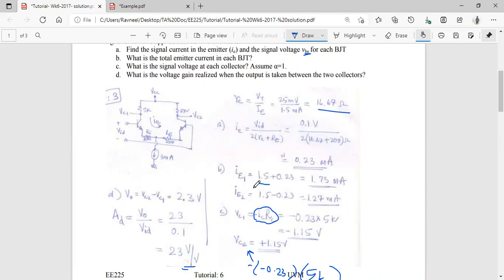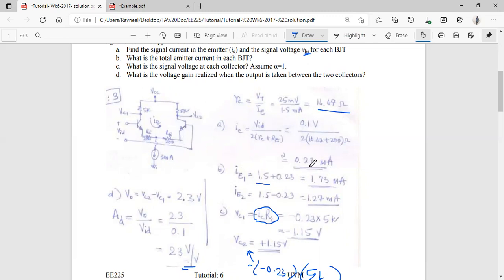For my IE2, again, the biasing current for this transistor will be 3 milliamps divided by 2, that is 1.5 milliamps. And then we add the current flowing in this branch, which is due to the negative input of the differential voltage. So it's a negative current flowing over here, and we consider the negative magnitude of this current, IE.